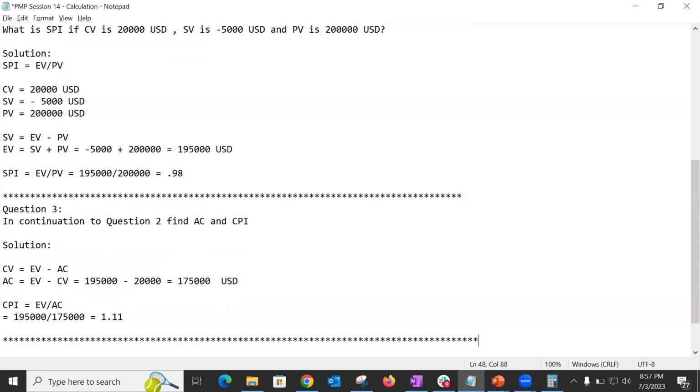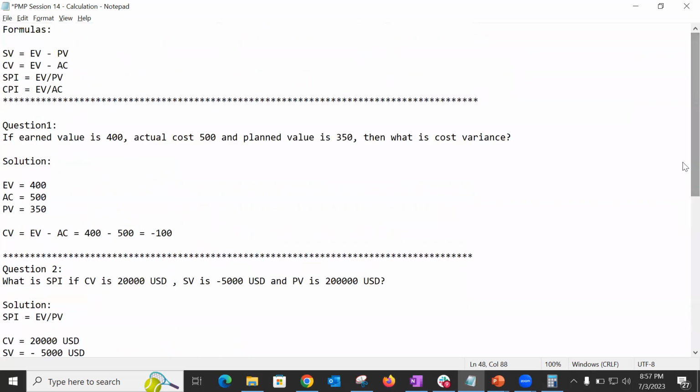You have to know what it means if the graph is going down for CPI, or it's below one or above one. So always know the thumb rule: above one for CPI or SPI means good, and below one is always bad.